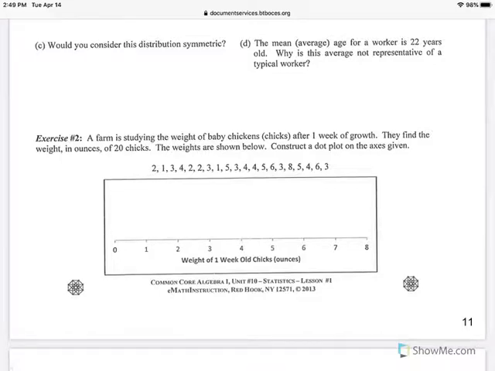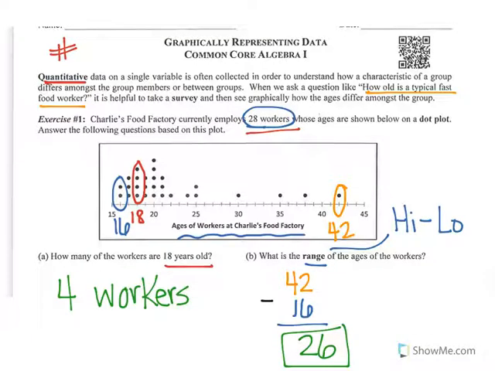Part C, we're still using the same dot plot in exercise 1, says, would you consider this distribution symmetric? Now, the word symmetric means that if you cut it down the middle, it should be the same on both sides. However, if we look at our dot plot, most of the data is to the left.